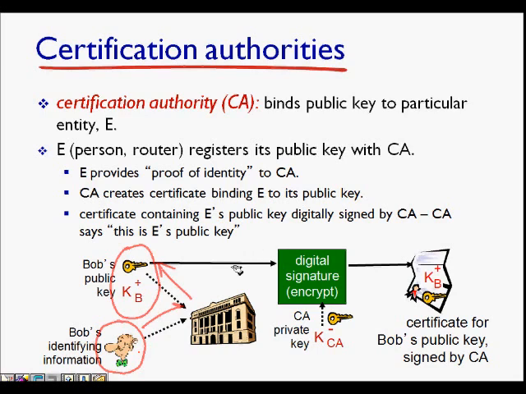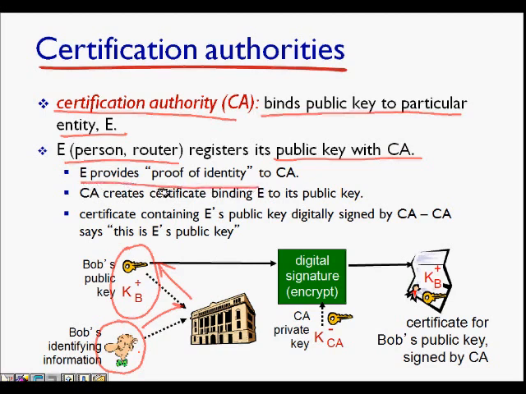It is not that anyone can say this is Bob's public key and I will take it. There should be some central authority, and that is the certification authority, CA, which binds a public key to a particular entity, which is a person or a router, whatever. So this entity is registered with its public key with the certification authority.